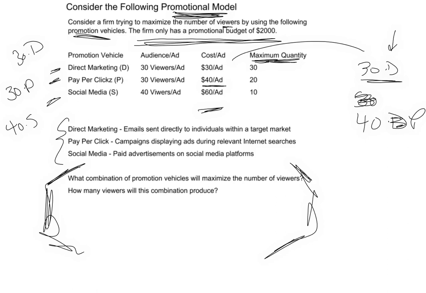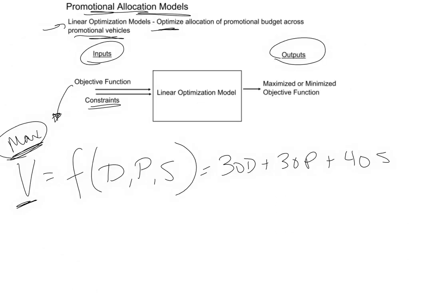So to find out the total amount we spent on social media, how many units of social media advertising do you do times $60 per unit? That would be the total amount of money that's spent on social media. And so we could think about the cost of these things. The total cost of these promotional activities was 30D plus 40P plus 60S.